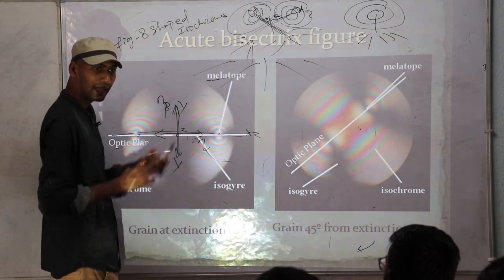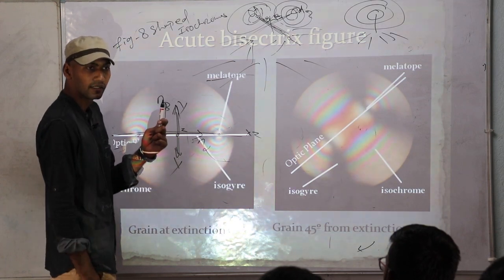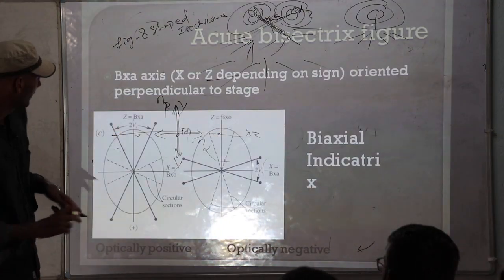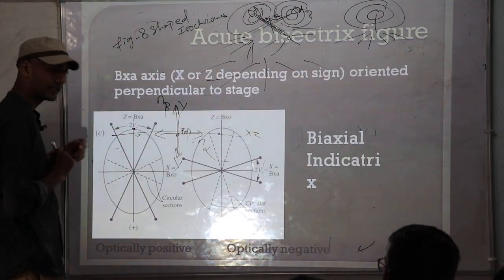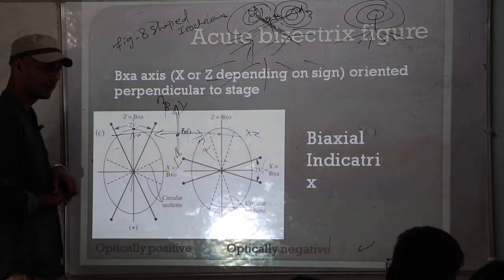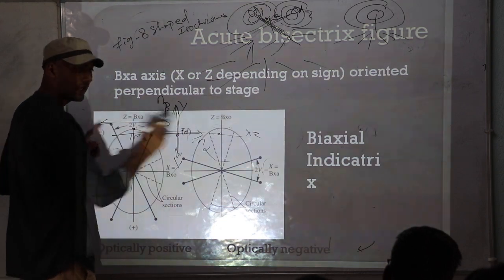Why? Light is vibrating parallel to Z. Z is at the crosshair. You can see Z is at the center of the crosshair, right? So the light ray is moving like this. Okay, you are finding one vibration. This is parallel to the optic plane.